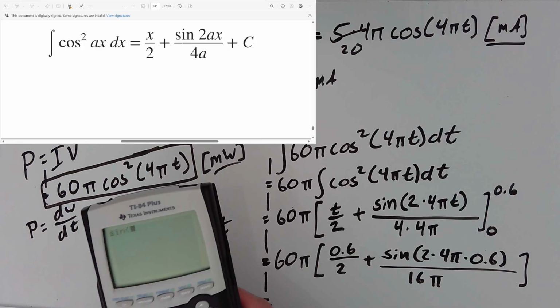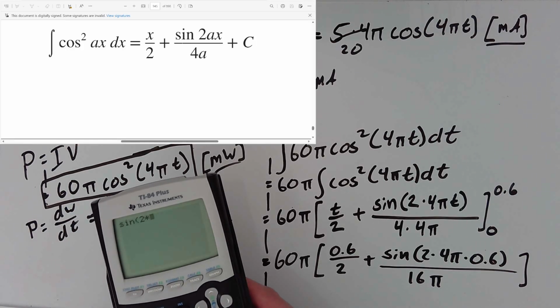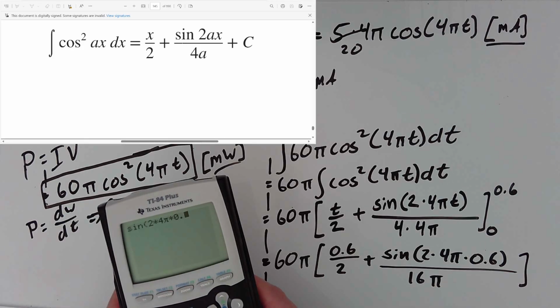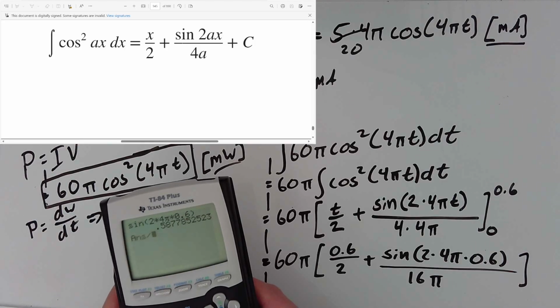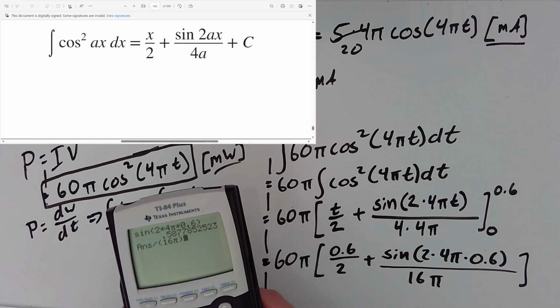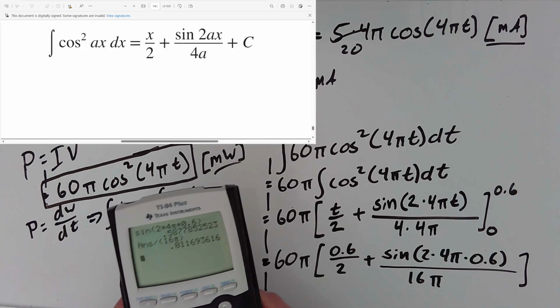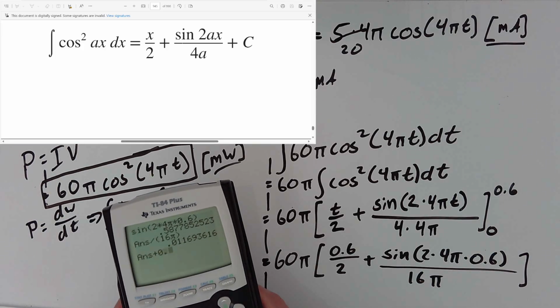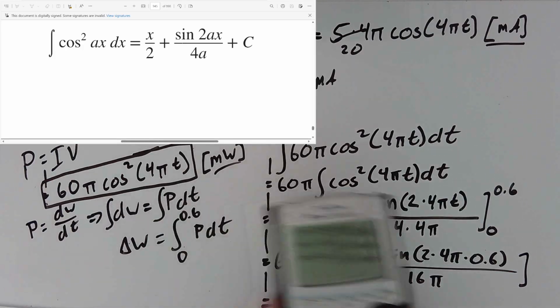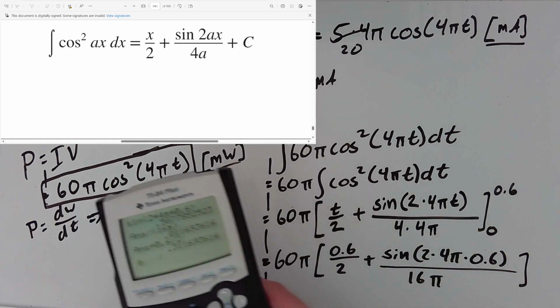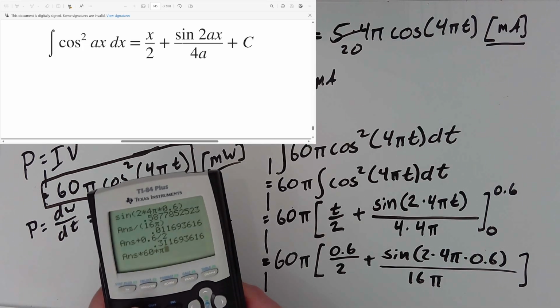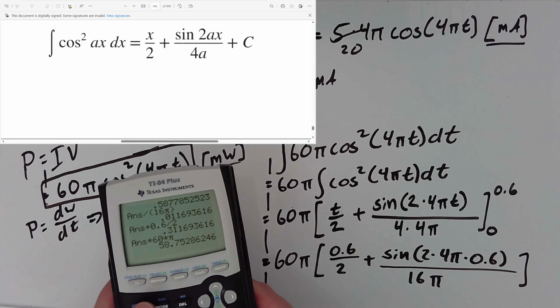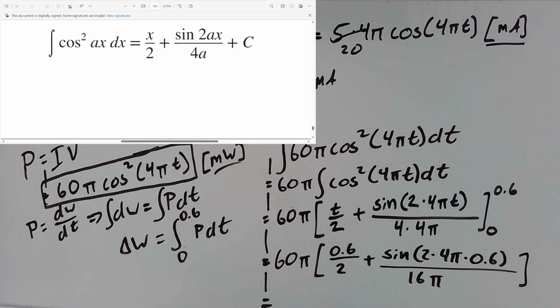Sine of 2 times 4 pi, 0.6, divided by 16 pi. It's this plus 0.6 by 2. Okay, then times 60 times pi. 58.75.